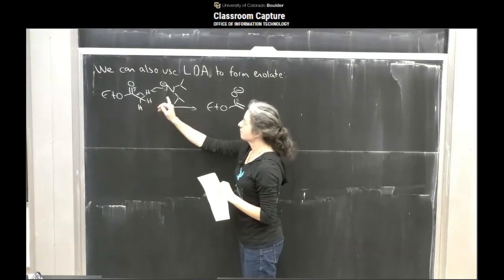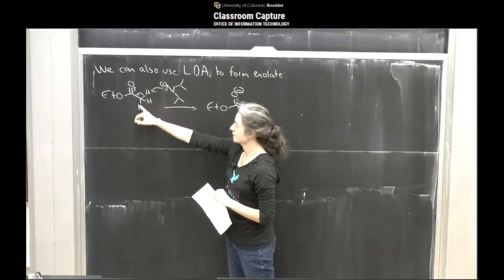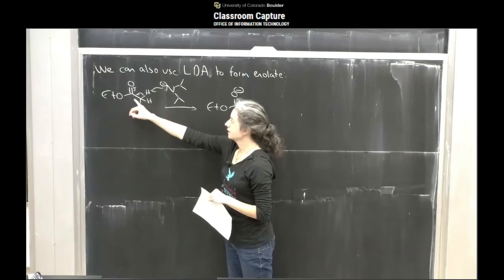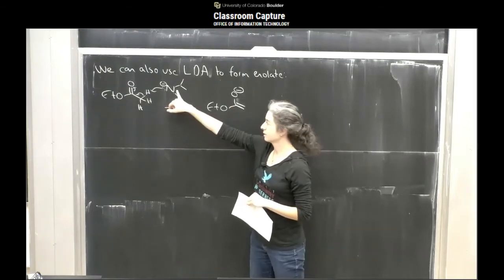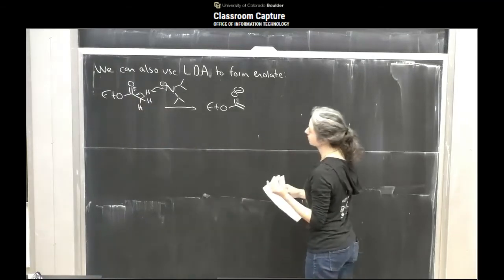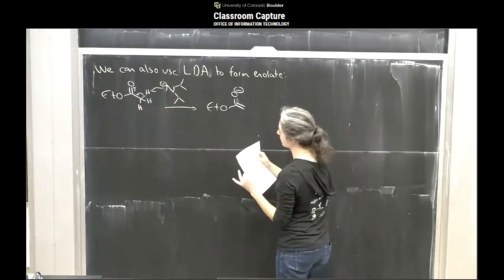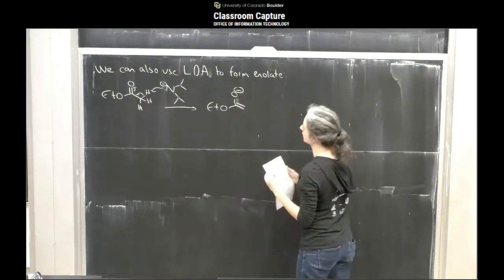And like we saw before when we were using LDA, since this deprotonates very favorably and quantitatively, we're getting full conversion to this. So as long as we have at least one equivalent of LDA, we're not going to have to worry about this thing attacking itself. We also don't have to worry about which proton gets pulled off on the ester because there's only one location.